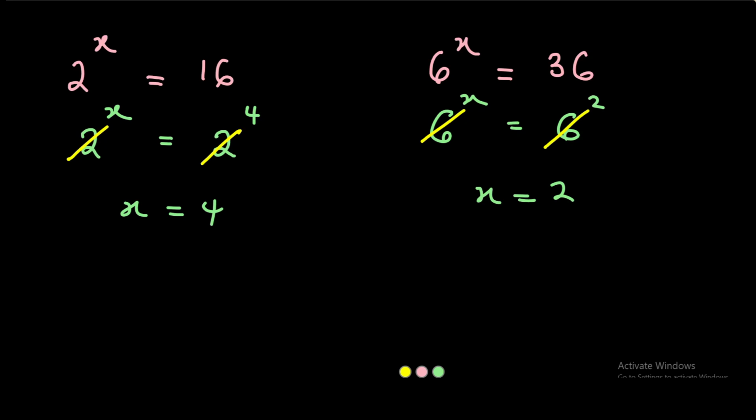Now, in the next question, we need to solve the equation 27 to the power of x is equal to 1 over 9. There's no nice way to write 27 as a power of 9, okay?